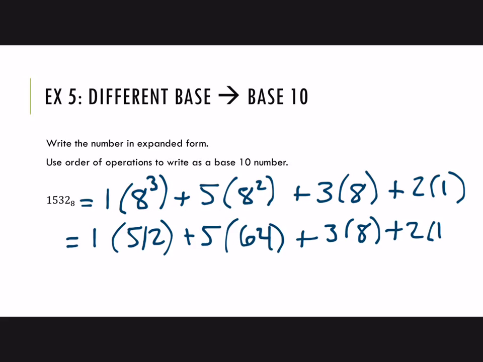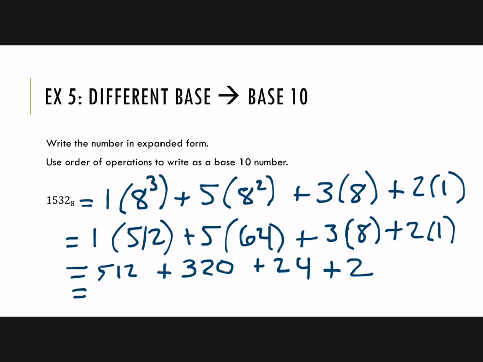Okay, and those are the only exponents. Then multiplying, we have 512. 5 times 64 is 320. 3 times 8 is 24, plus 2. And let's see, that would be 858, I believe. Yes, that's 858 base 10.